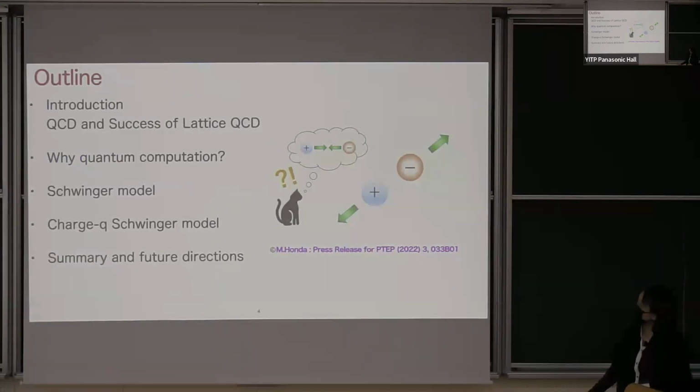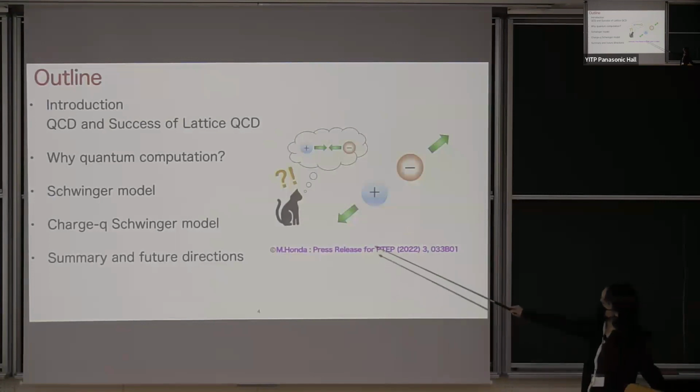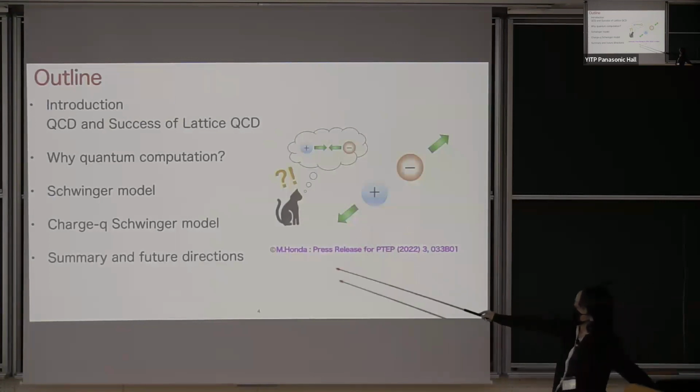And then I will explain my motivation for why quantum computation is needed instead of the conventional Lattice QCD method. As an example, we demonstrate the quantum computation on the Schwinger model. And actually, we perform the demonstration on the extended Schwinger model.